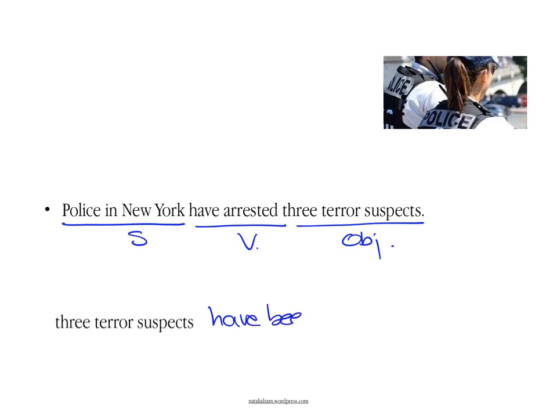Have been, and then the participle of this verb, arrested. You could leave it at that, or you could say, have been arrested by police in New York. It depends on the context and how relevant you think that information might be.